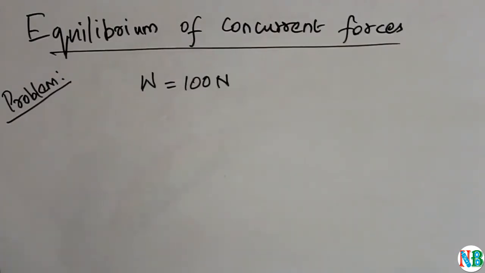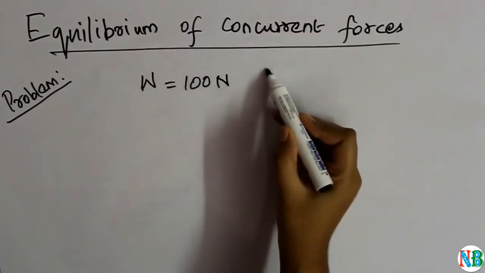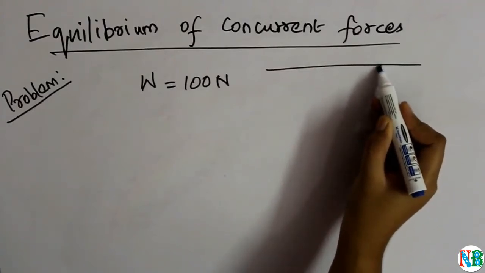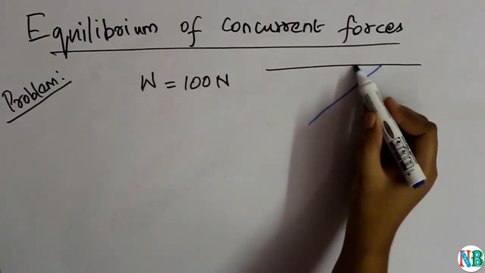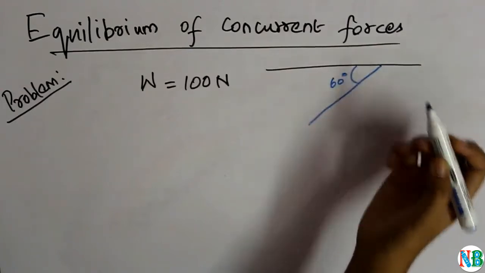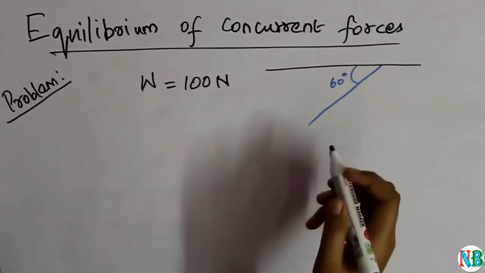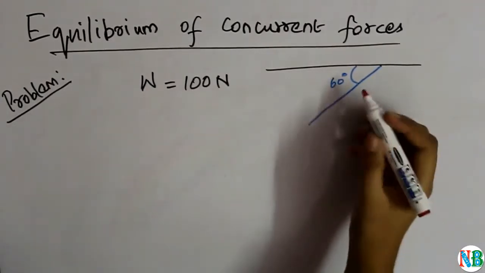Now we are going to draw the force diagram based on this question. Here we have 3 ropes, and 3 ropes have 3 tensions. One rope is attached to the ceiling at an angle of 60 degrees. This is rope 1, and the tension acting in this rope is T1.